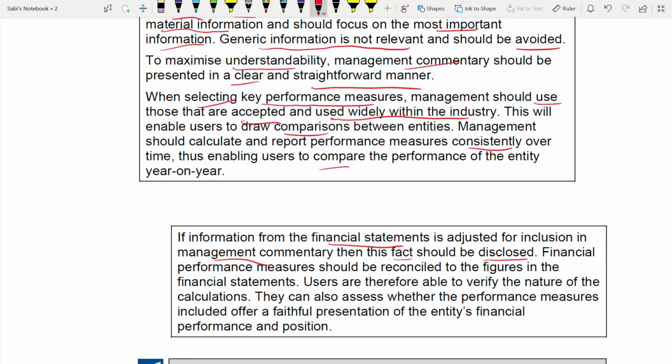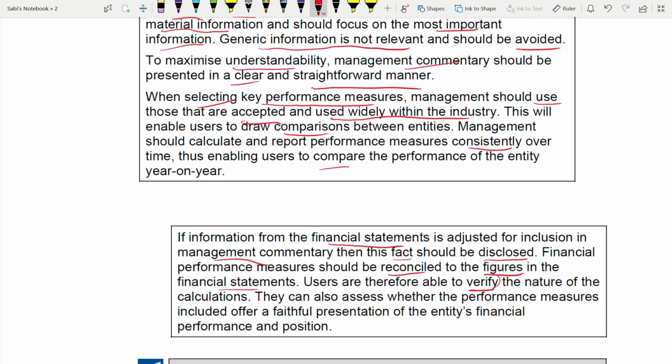So any financial performance measure will be reconciled to the figure in the financial statements. Any financial performance measure you have talked about in your management commentary will be reconciled to the figure in the financial statements. So because of this, what happens? They can verify also. So it satisfies verifiability also. Okay, you can verify from your management commentary to your financial statements.